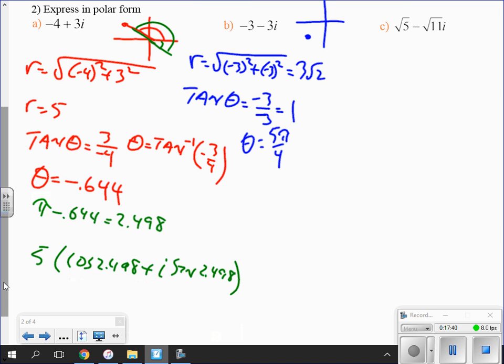So now I can come up with my number. I have my R, 3√2 times the cosine of 5 pi over 4 plus i sine of 5 pi over 4.